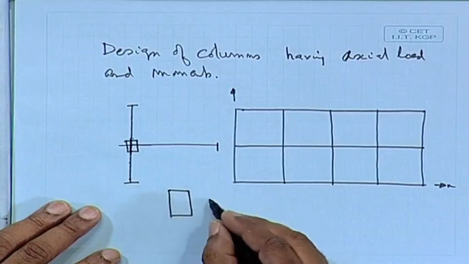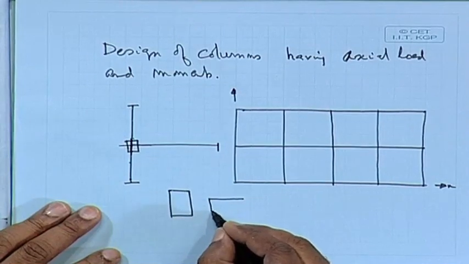If you observe this, if the column is square, there is no problem. If the column is circular, there is no orientation problem. But if the column is rectangular, the question is whether we shall provide the column this way or this way.